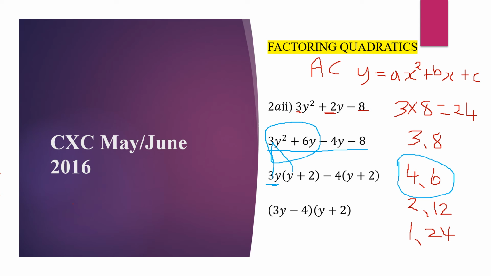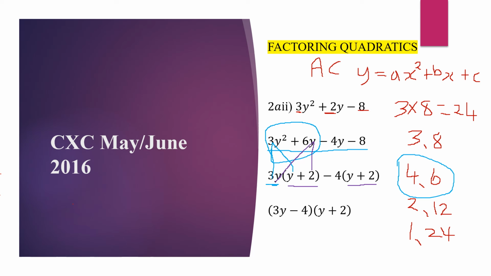Also, 3y into 6y gives us 2. Again, anything that's here in this bracket, y plus 2, must also be in this bracket. It should also read y plus 2 for this quadratic expression to be factorized properly.